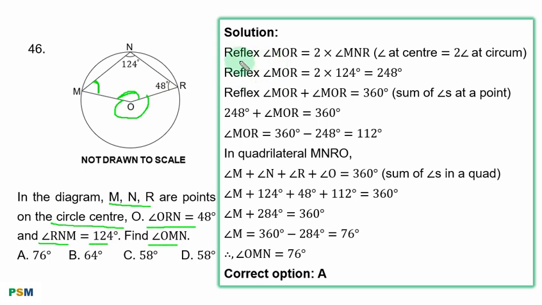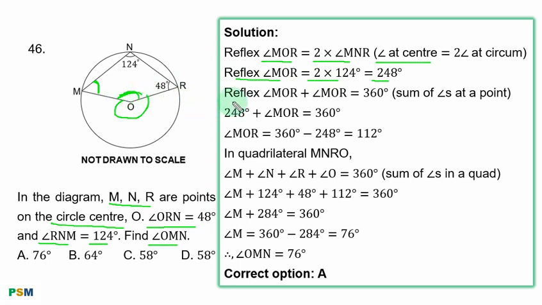So reflex angle MON is 2 times angle MN. You have the reason. The reflex angle MON becomes 2 times 124 degrees. That is 248 degrees. We need the obtuse angle.